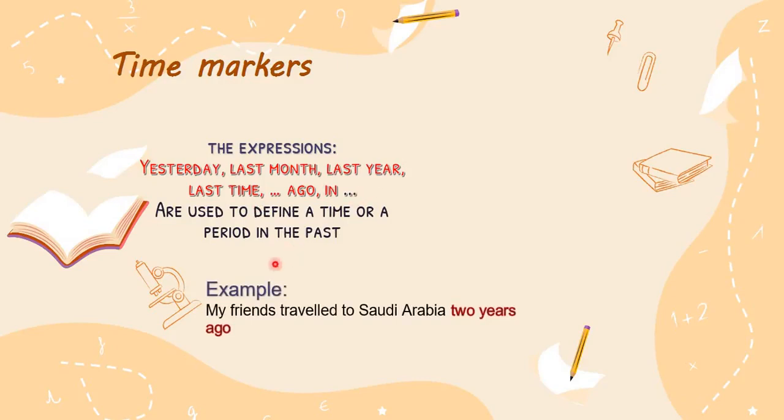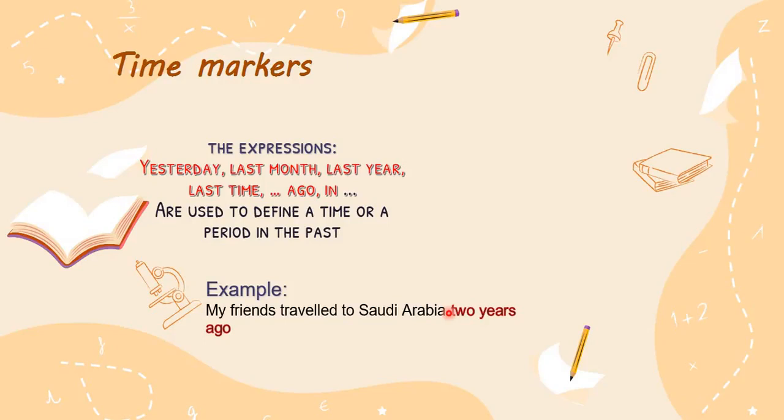Example: my friends traveled to Saudi Arabia. If we make a full stop here, what do we say? My friends traveled to Saudi Arabia. If we stop here, it means that this action happened in the past. But at which time?